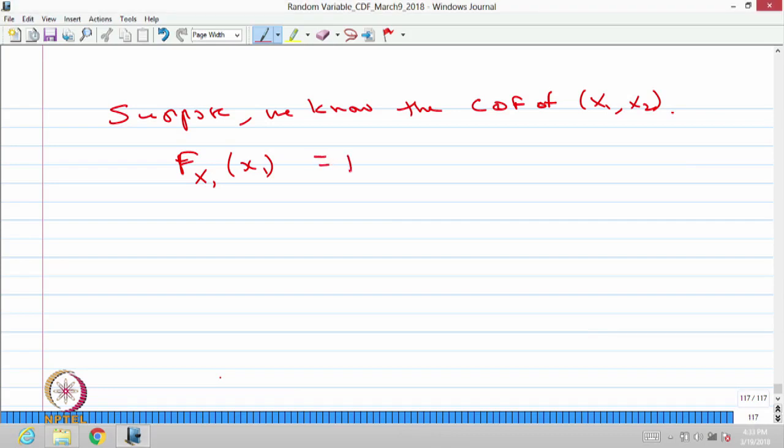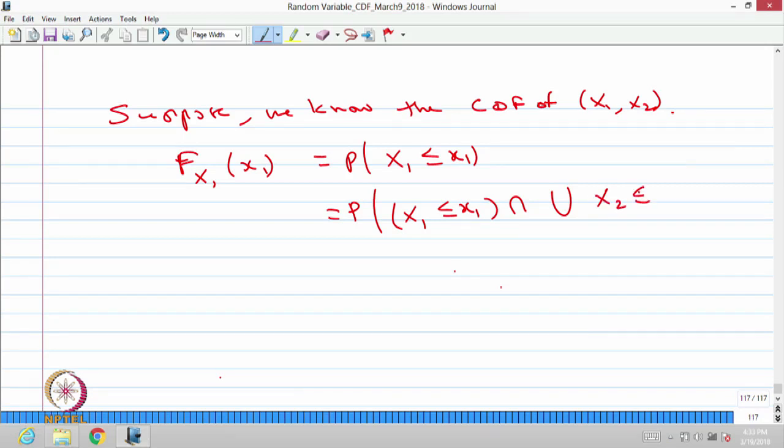That is nothing but the probability of X1 less than or equal to small x1. That is the same as the probability of X1 less than or equal to small x1, intersected with the union of X2 less than or equal to small x2 for all possible values of x2.